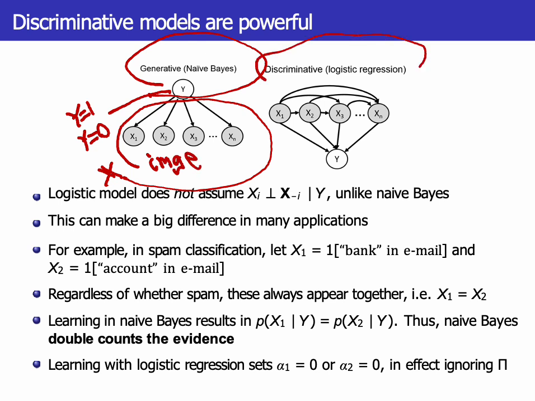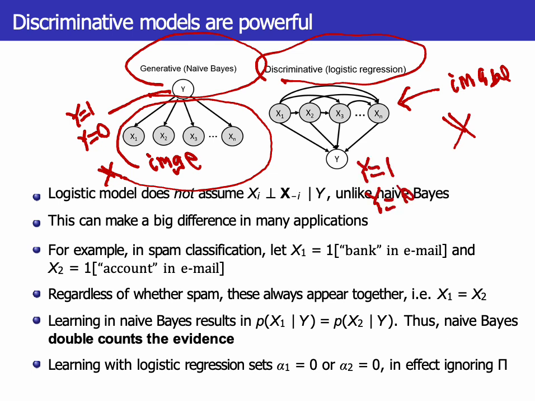For discriminative models, you give an image or data and you get y equal 1 or y equal 0, cat or dog.